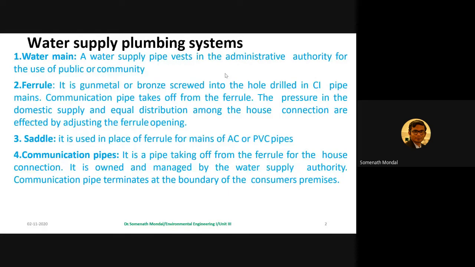So plumbing itself is a holistic term, and it consists of so many different aspects of the distribution network, pipelines, etc. Fine. So the plumbing water supply system is a different component.